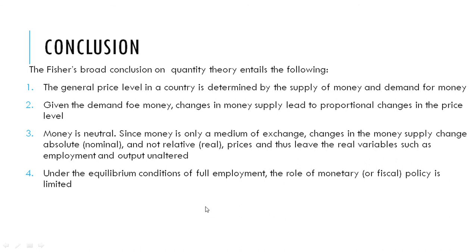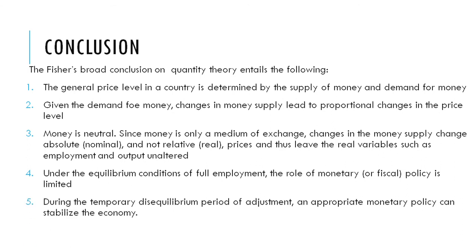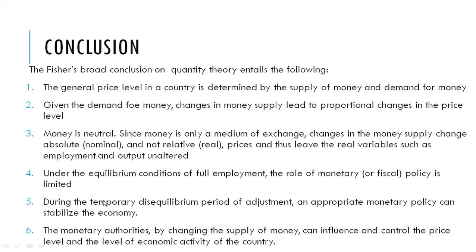Number 5, during the temporary disequilibrium period of adjustment, an appropriate monetary policy can stabilize the economy. Then 6, the monetary authorities, by changing the supply of money, can influence and control the price level and the level of economic activity of a country.